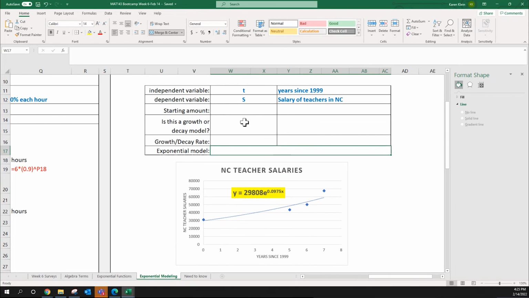So our exponential model that we have here: y equals 29808 e to the power 0.0975, and that's raised to the power x. And actually, let me change it in terms of our variables. So this should be S, and this should be t. Or if you want to just write it like so, that way it looks more like what you have right here.